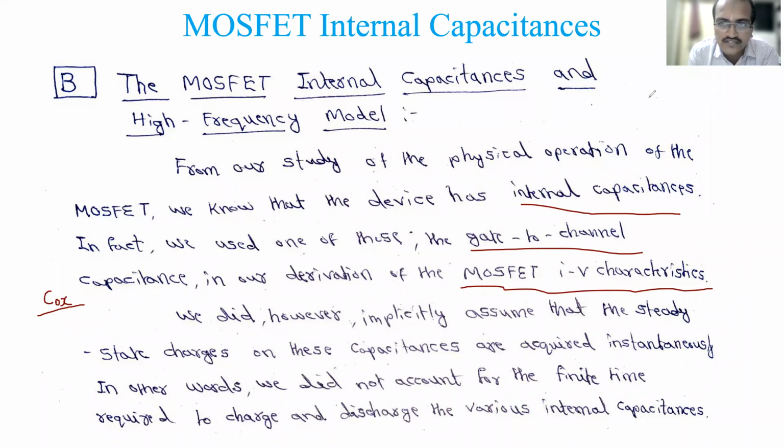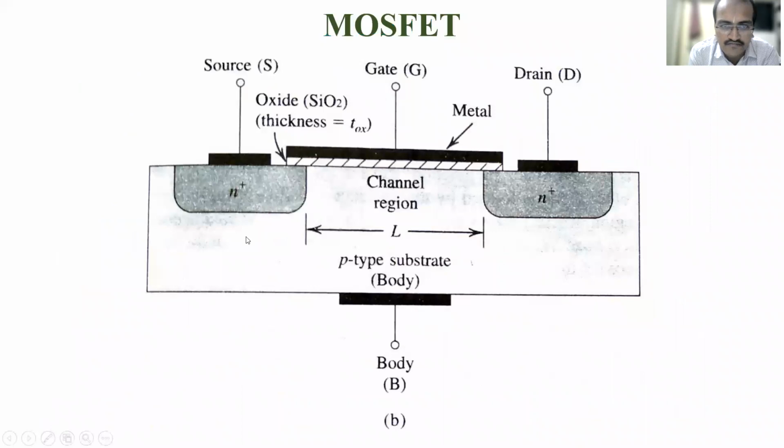Just to recall the structure, this is the MOSFET structure you had. It has a p-type substrate, or body as we call it. In that we make two n plus diffused regions, one connected as drain and another as source.